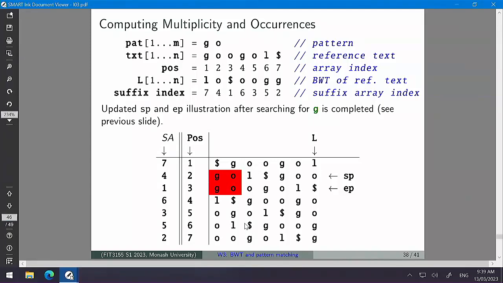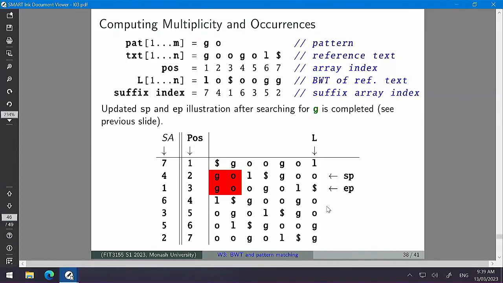Let's do one more example. Let's search for LOGO. I know that doesn't exist, right? LOGO doesn't exist in this string. So if I were thinking about this algorithm, my start point and end point, if I had OGO, would be pointing at 5. So what do you think will happen when you do this?